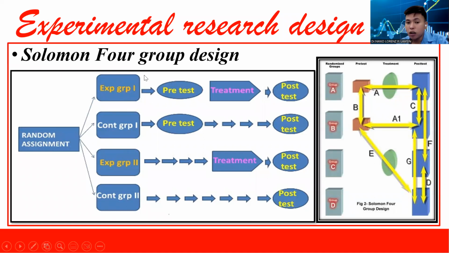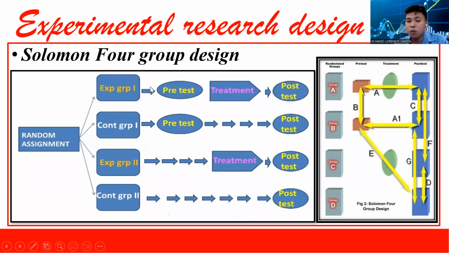So experimental group 1 and control group 1 both receive a pre-test, while experimental group 2 and control group 2 did not receive or did not answer the pre-test. Experimental group 1 received the treatment, and so did experimental group 2, because they are experimental groups.